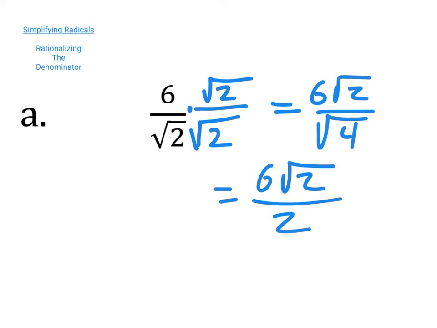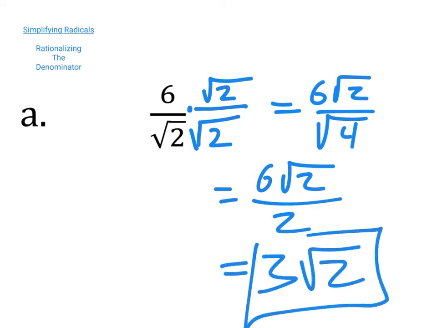And here we got some good news. 6 can be divided by 2, right? So this is just 3 times the square root of 2. Now this last step is not always possible. Sometimes if this was like a 7, we couldn't divide it. We would actually just leave it. But what we find out is this: 6 divided by the square root of 2 is the same as 3 times the square root of 2.